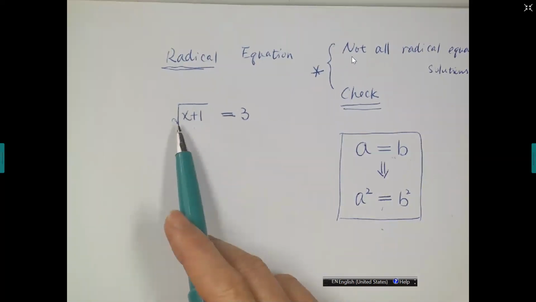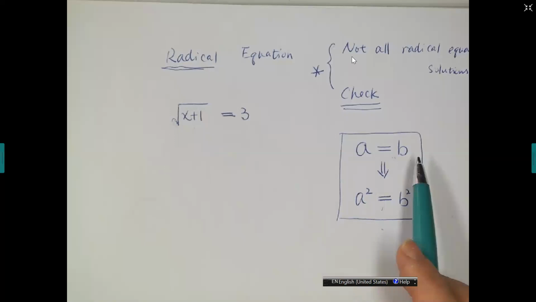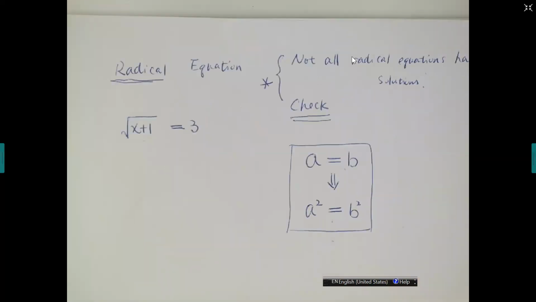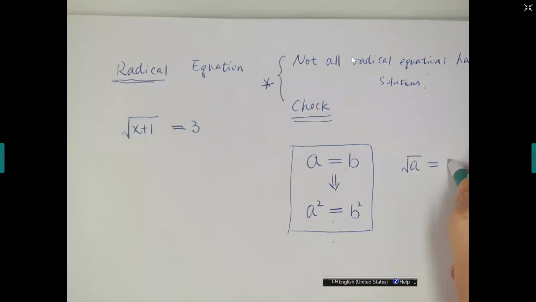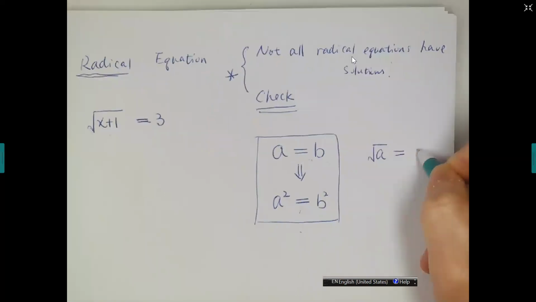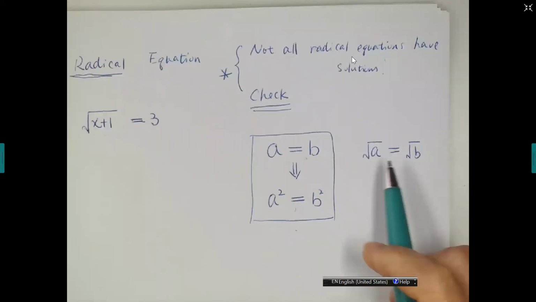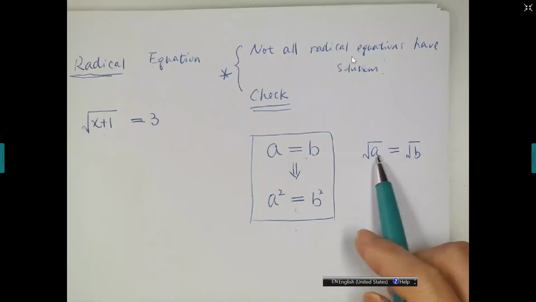And how can we remove it? So think about this. If I have an equation like radical A equals whatever that is, maybe B or radical B, can be anything. Say it equals radical B, for example. This is one equation here.